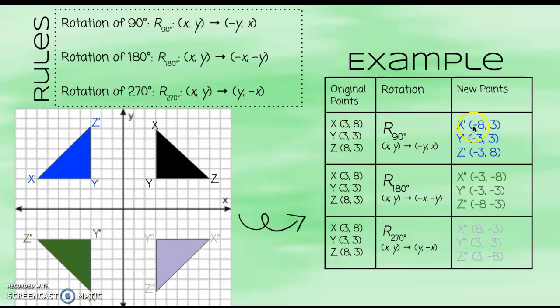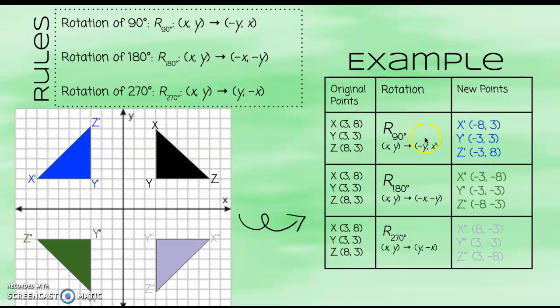Now it's negative. If this were negative before, that would become positive. It's the negative version of whatever it is. 3, 3, I'm going to flip them first, which would still be 3, 3, and then I'm going to make the negative version of whatever was here. So now we have negative 3, 3. 8, 3, flip them. 3, 8, and then this becomes a negative version, so negative 3, 8. All right, so that's rotating 90 degrees.